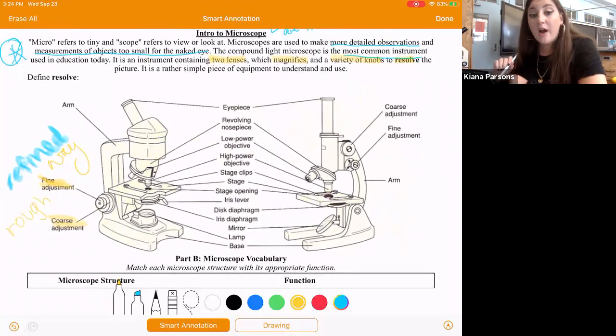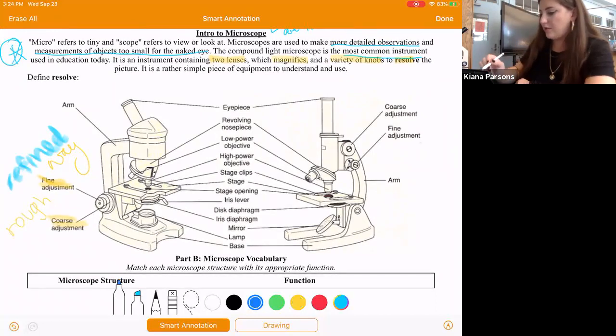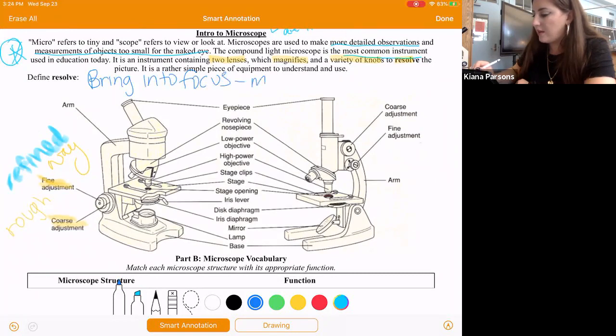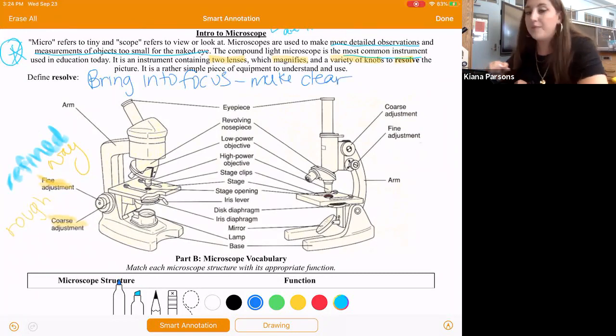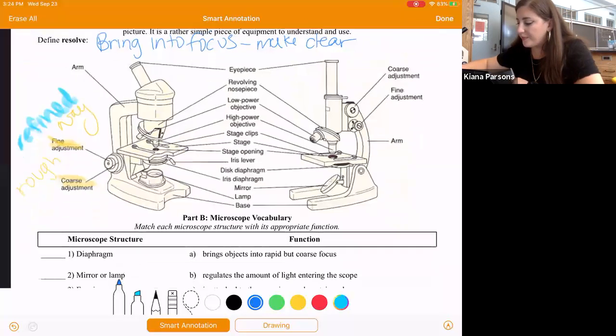Those various knobs that are used to resolve the picture, bring into focus, make clear. So resolve the image in this case means to bring into focus or make clear.